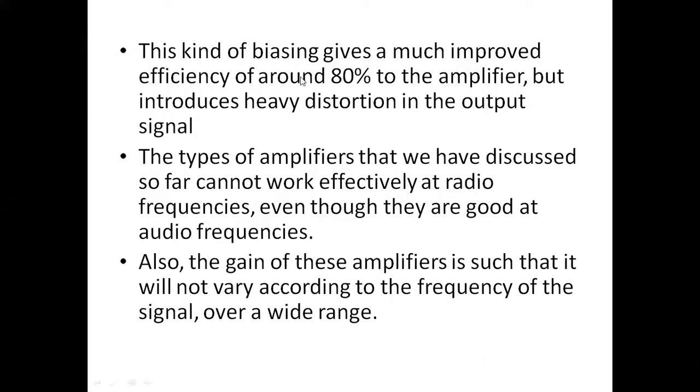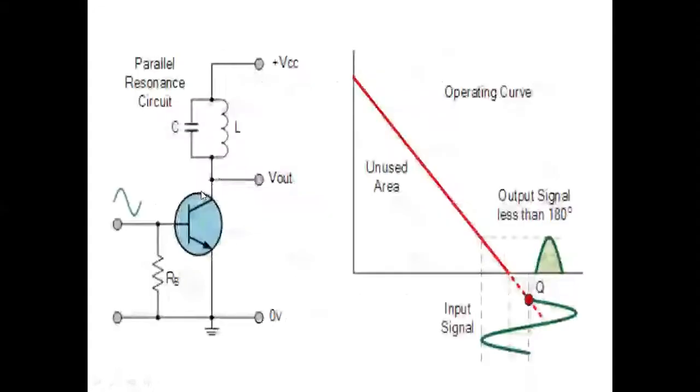Also, the gain of these amplifiers, which is the ratio of output to input, will not vary according to the frequency of the input signal over a wide range. So this is about the class C power amplifier.